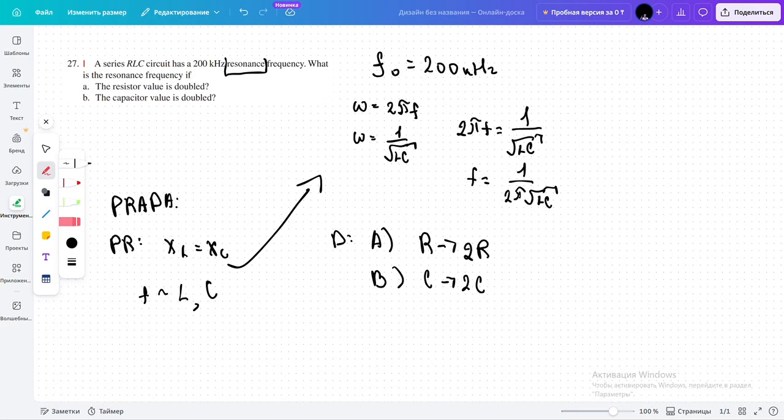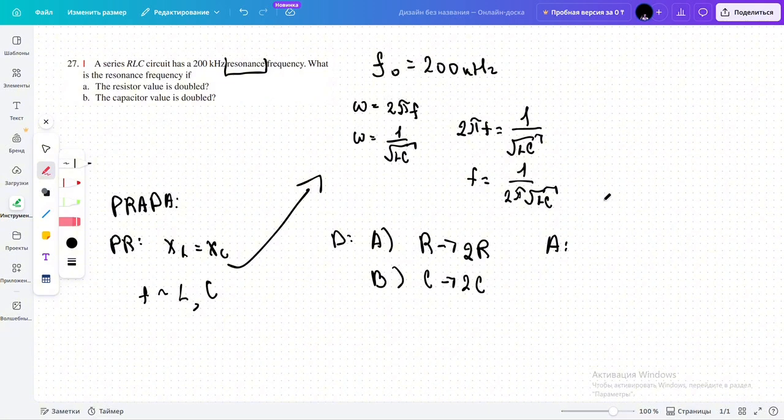So the next thing is abstraction. This is the most important step for this task. I don't need to know the actual values of the inductor or capacitor. I can abstract the formula into a relationship: frequency is proportional to 1 divided by square root of LC.